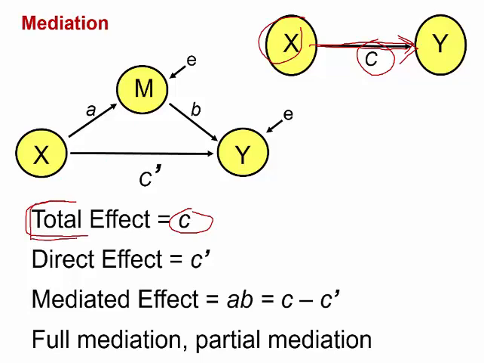And then we're going to break that total effect into two different parts. One part will be the direct effect, and the other part will be the mediated effect. And if I have a mediating hypothesis that there is a mediating effect, then the mediated effect is the one I'm most interested in. The direct effect is the same thing as a non-mediated effect.